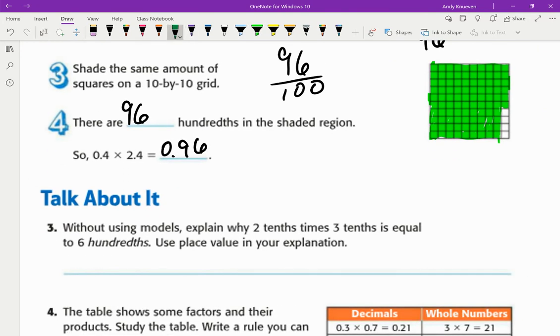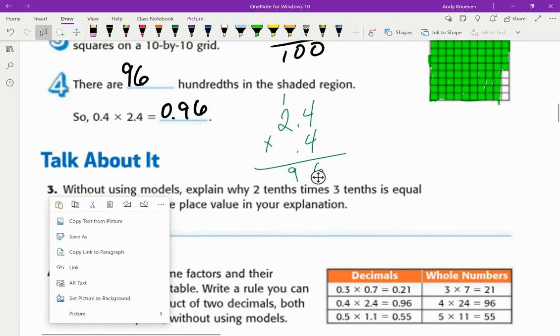Now, if I did that just using straight math, because a good mathematician's a lazy one, I'm not wanting to draw a grid on every single one. 2.4 times 0.4, if I multiply that out, 4 times 4 is 16, 6, carry the 1. 4 times 2 is 8, plus that 1 is 9.